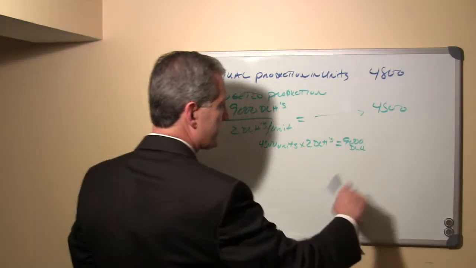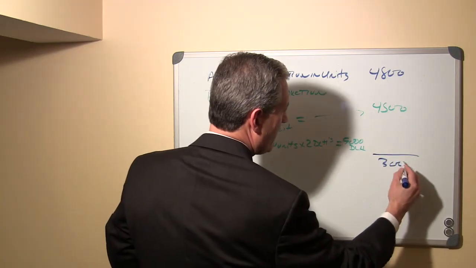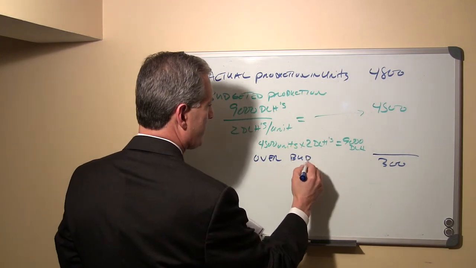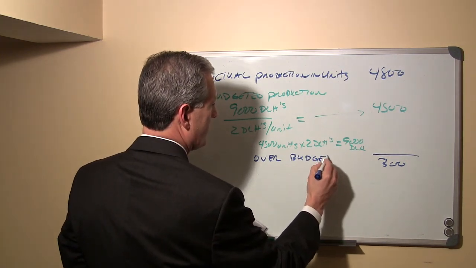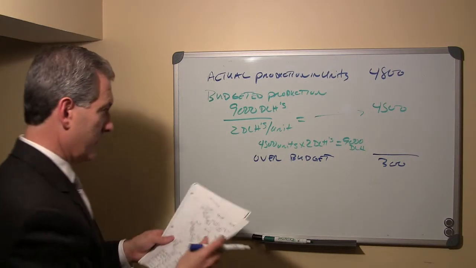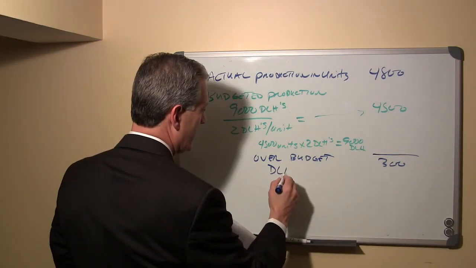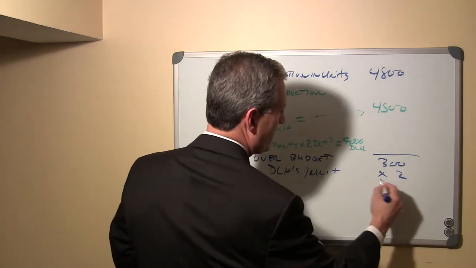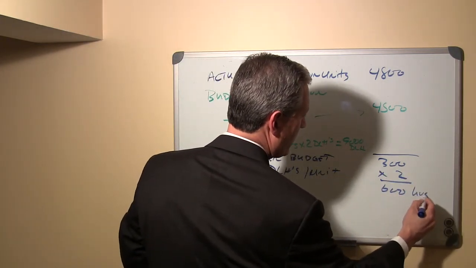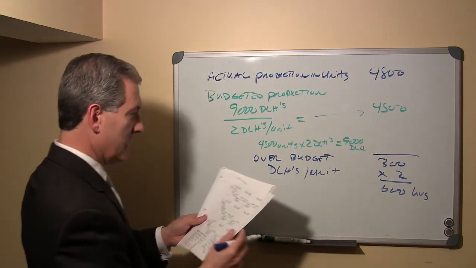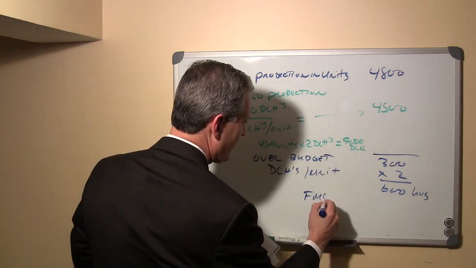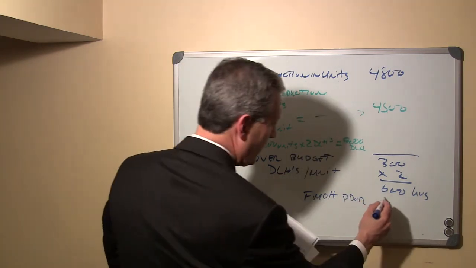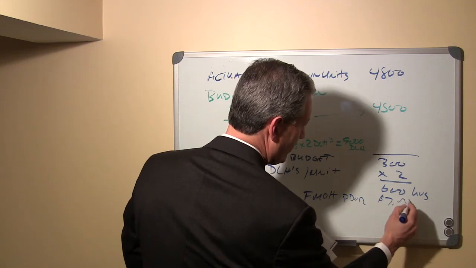In this problem, they produced 300 units over budget. They required 2 direct labor hours per unit, times 300, 600 hours, at a fixed manufacturing overhead predetermined overhead rate or standard price of $7.